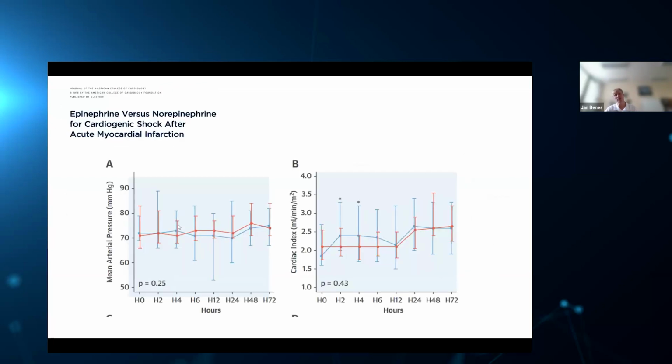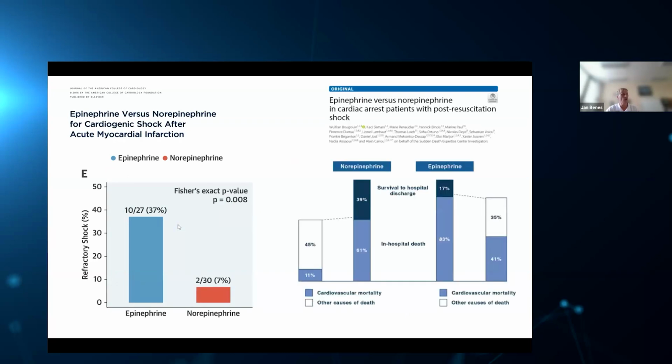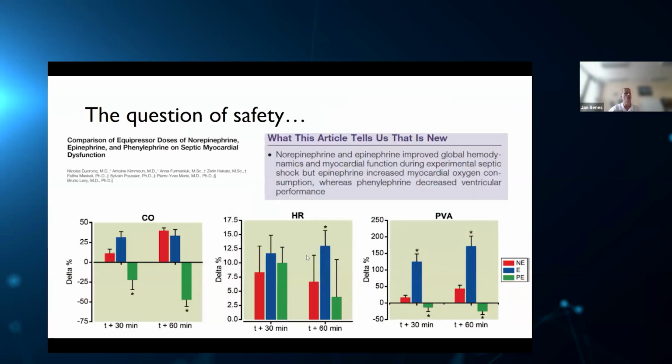And if you go even further to the right, if you use epinephrine instead of norepinephrine, then you may have a much higher risk of refractory shock, or of cardiovascular mortality increased by arrhythmias mostly. And this is dictated by the fact that dopamine and more so epinephrine, the beta mimetics, are increasing the consumption of oxygen by the heart.